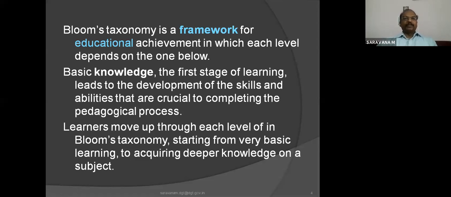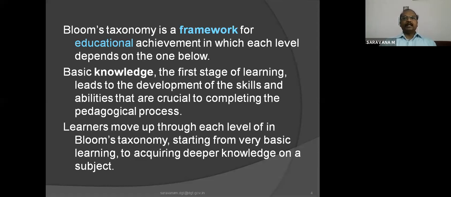So Bloom's taxonomy, and how is our NSQF framework? National Skill Qualification Framework, there are many levels, level 1 to level 10. So the basic or first level is level 1, and levels 4 and 5 are CTS trainees or certified CTS trainees.